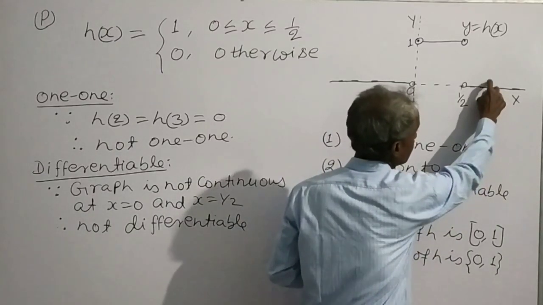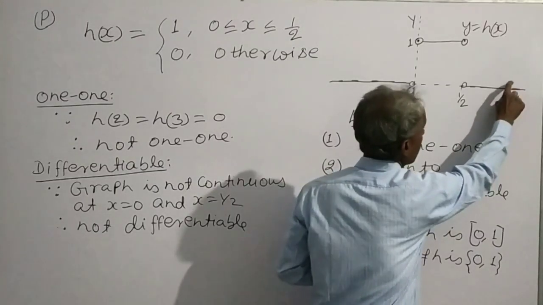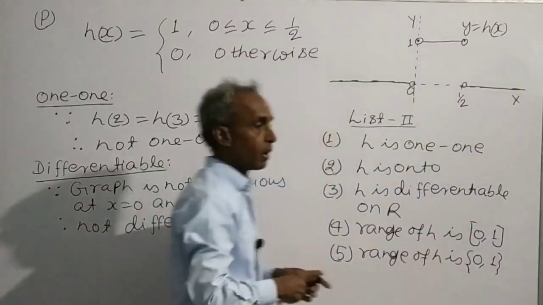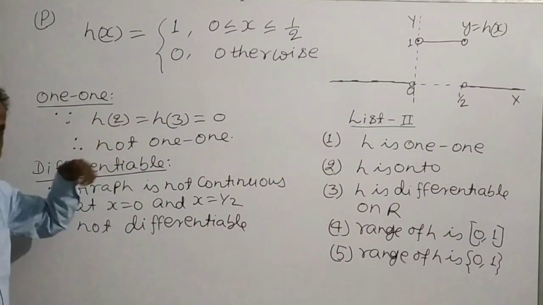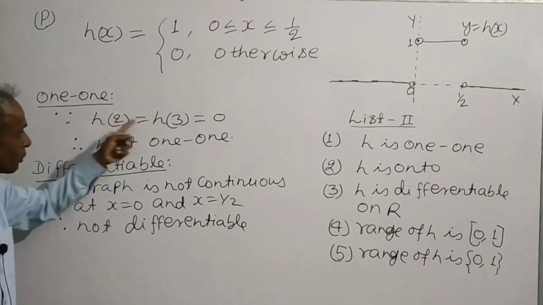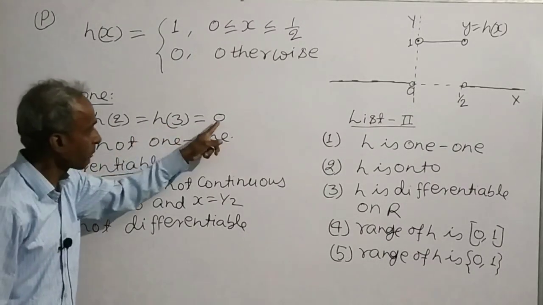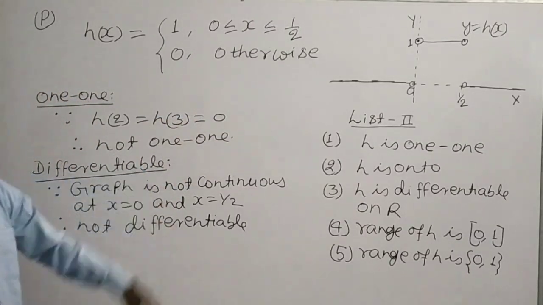The height at these two points is 0, the height of the graph at point 3 is 0. Since at two different x coordinates, 2 and 3, the height of the graph is 0, therefore this is not one-one.